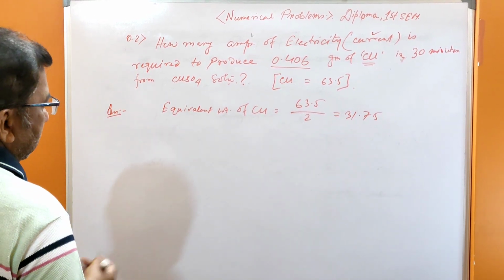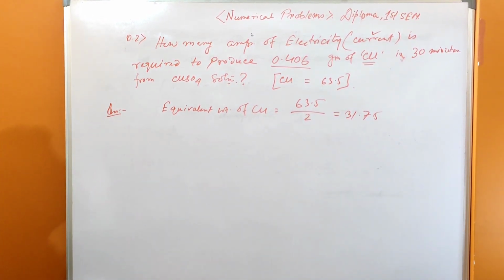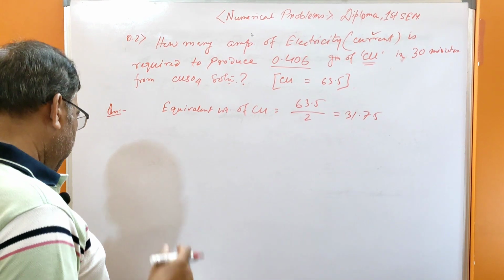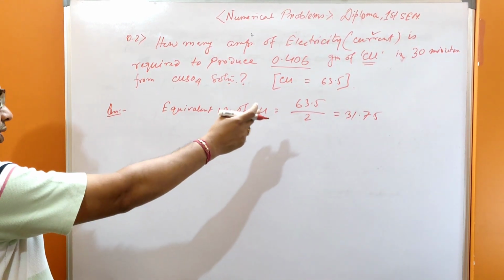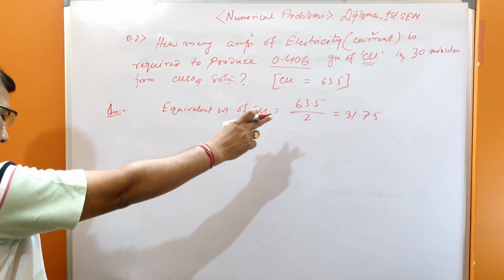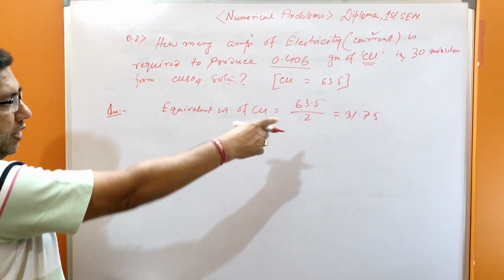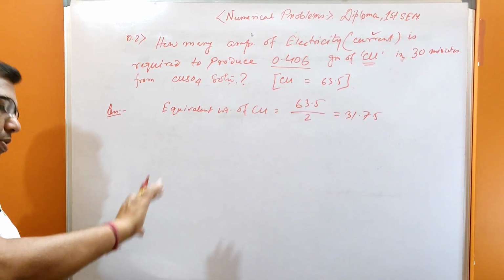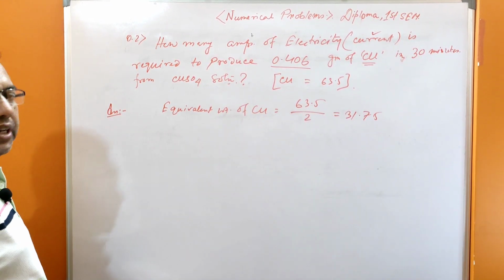निकल गया. Same process. Then what we have done in the previous example, in the same process you have to do it. That means 31.75 gram of copper is liberated by passing 1 Faraday of current.